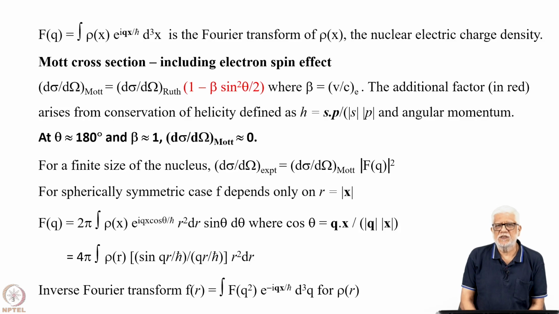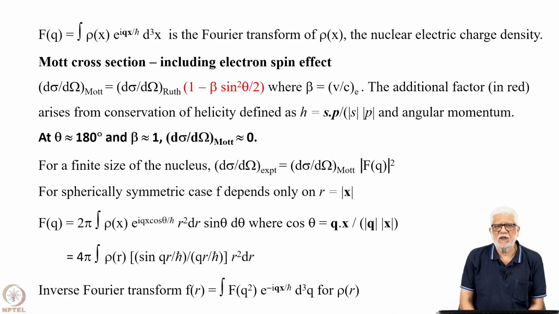Now, beta here is just the velocity of the electron divided by c. For a relativistic electron, beta is close to 1, so this would just be like 1 minus sine squared theta by 2. Notice that you can cast it in a form where this is cosine squared theta by 2, and we will come to what that affects in terms of the cross section for electron scattering.